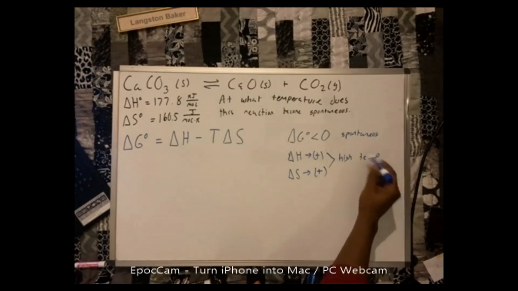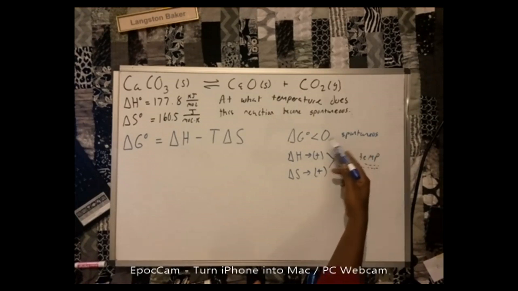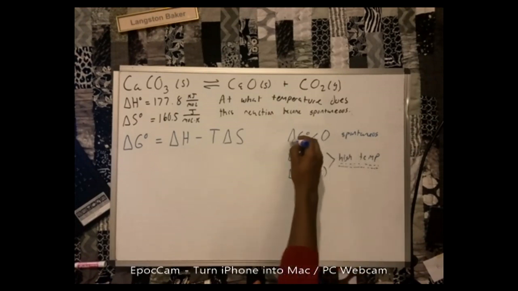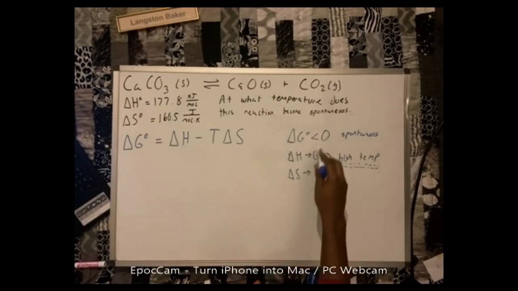The question now is, what do you mean by high temp? High is relative, so what does that mean? There's a point, and the point I was asking you about is not far off. We need to know when it goes from spontaneous to non-spontaneous.